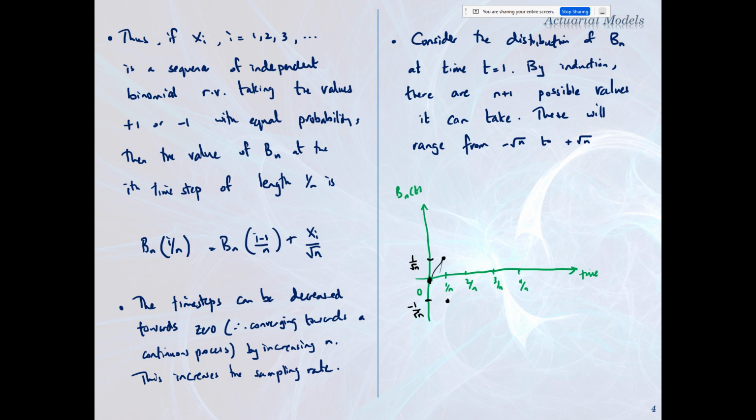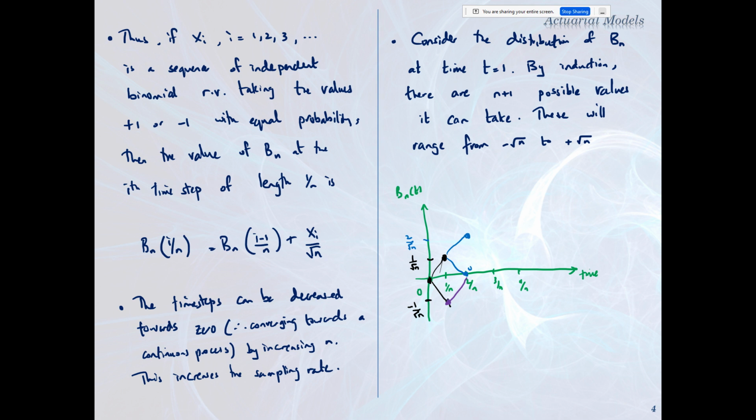Okay. So let's say we are here now. The process may go up or down. Either we go up to 2 over square root n, or down to 0 itself. And here, I'm changing colors just so you are able to understand the illustration.